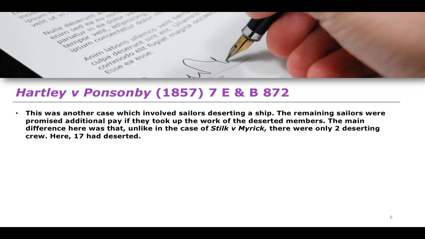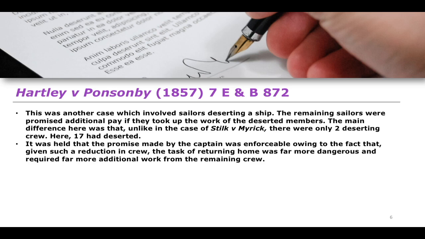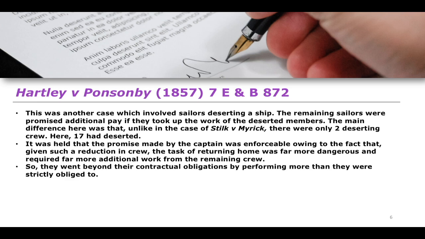It was held that the promise made by the captain was enforceable, owing to the fact that, given such a reduction in the crew, and given such a change in the nature of the work that had been performed, the returning home was far more dangerous and required far more additional work from the remaining crew, given the fact that 17 had deserted, quite a significant number.